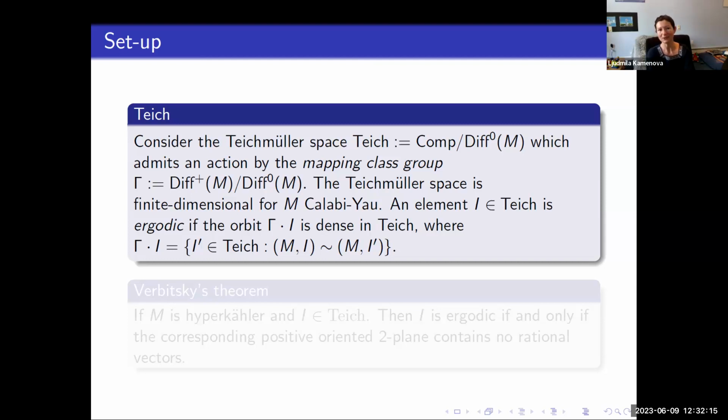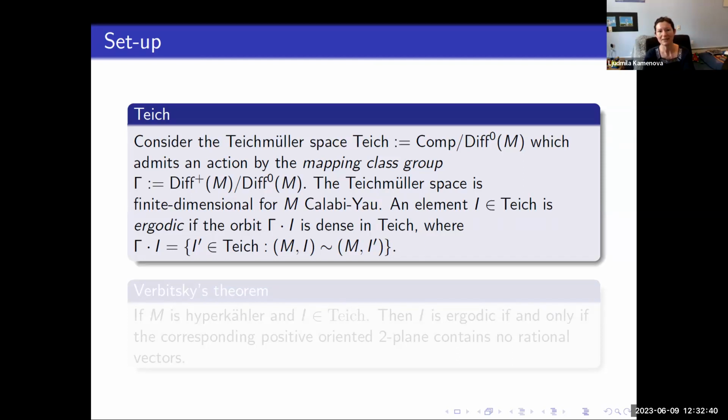People were trying to prove Torelli for hyperkählers in terms of Hodge theory, because for K3 surfaces, this is formulated in terms of Hodge theory. However, there are counterexamples of Torelli using the Hodge theoretic version of Torelli.